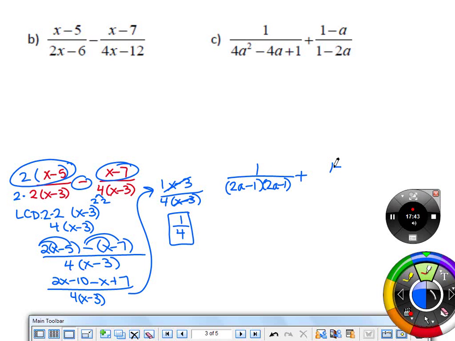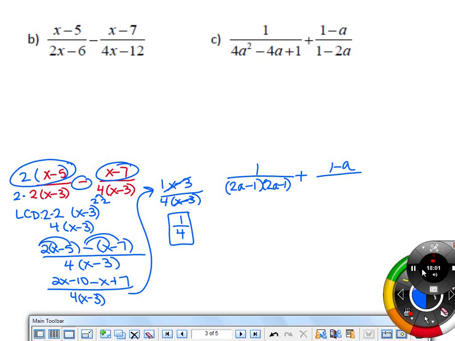In the second denominator, if you want to factor it and you want to see if there's already common stuff, you want it written the way that these ones are written, meaning you want the a part first and the constant part second. Right? So instead of thinking of it as 1 minus 2a, I would rather think of it as negative 2a plus 1.